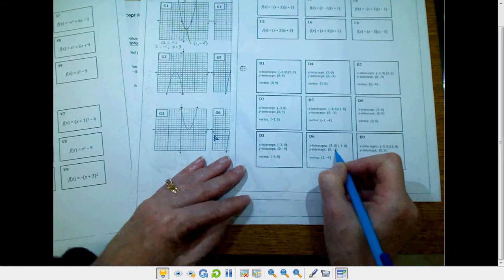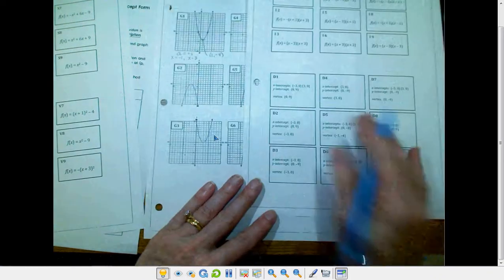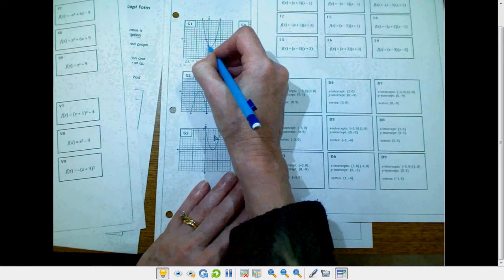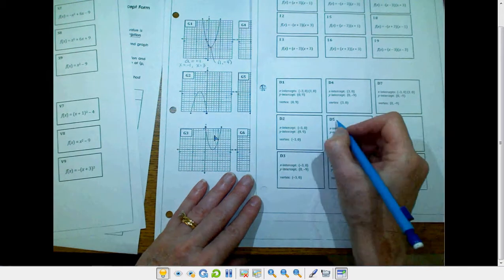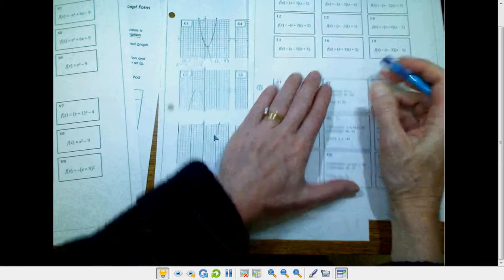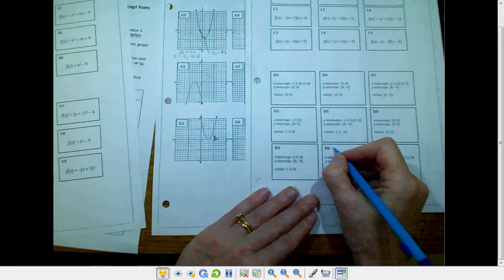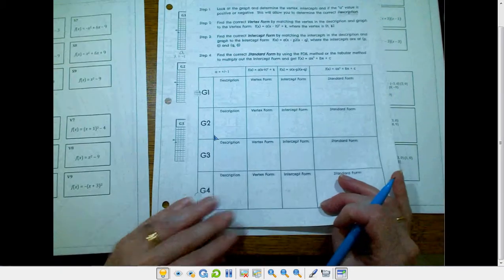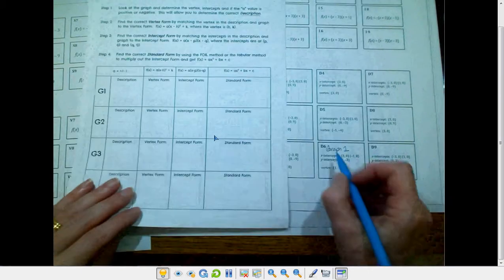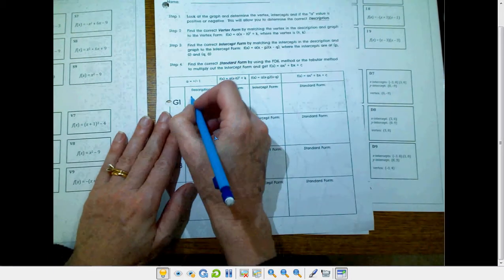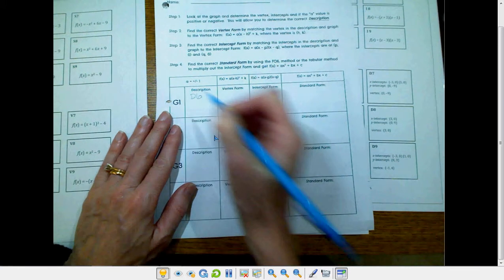And also the y-intercept, where it hits the y-axis, is at x is 0, y is negative 3, and that is also true here. So this is graph 1. On my form, the description, this is description number 6. So I'm going to say D6 here.